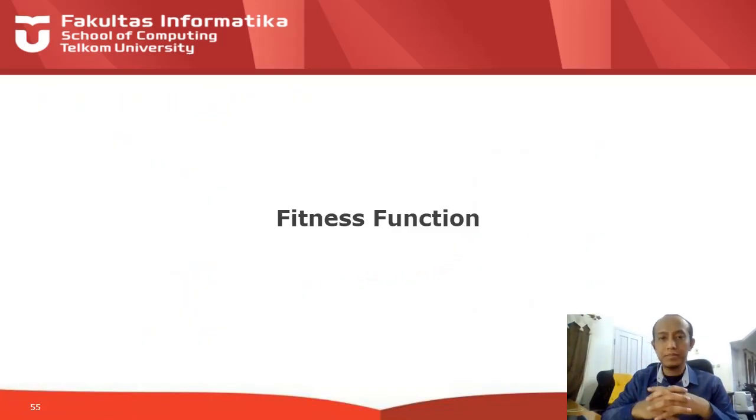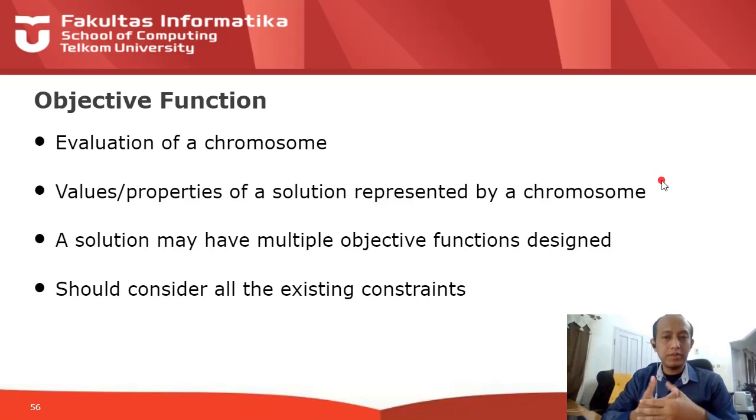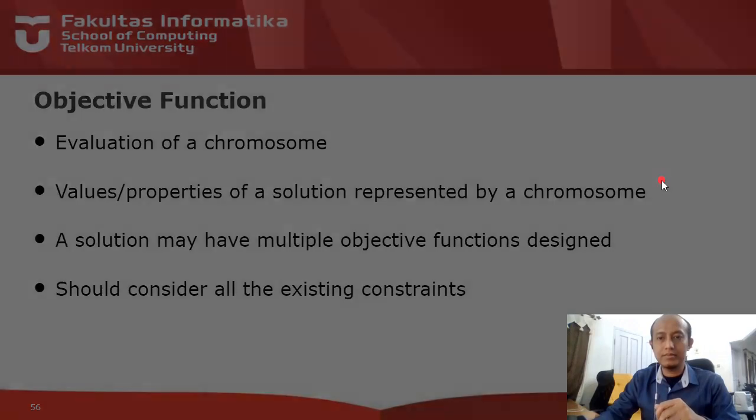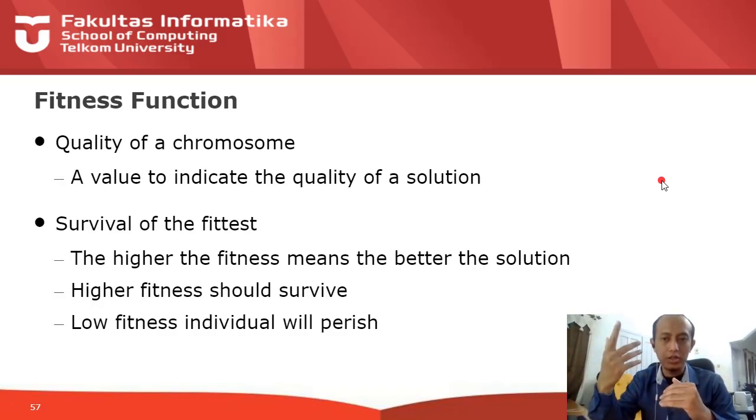The next important concept in genetic algorithm is the fitness function. The fitness function is based on an objective function that evaluates a chromosome by using the values of the chromosome. The fitness function represents the quality of the solution, so the function will return higher values for better solutions.